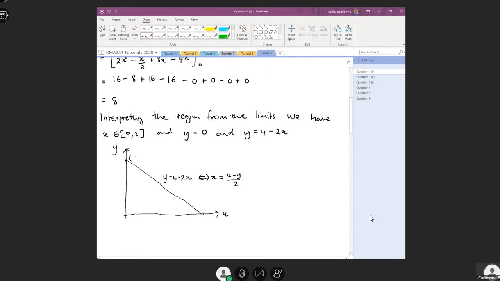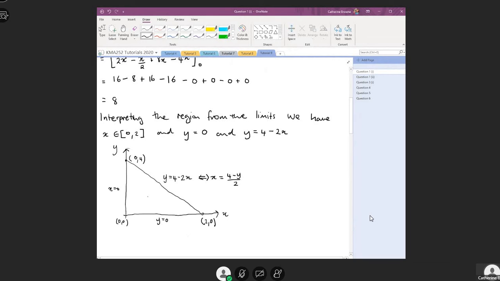This is the point 0, 4. This line along the x-axis here is y equals 0. This line here is x equals 0. This point here is the point 2, 0. And obviously this is the origin as well.